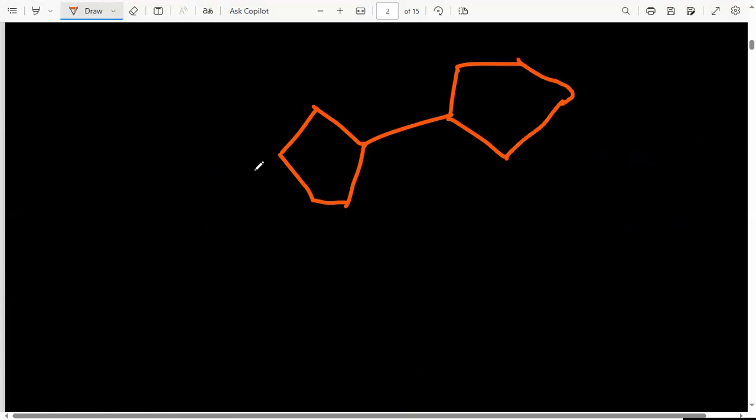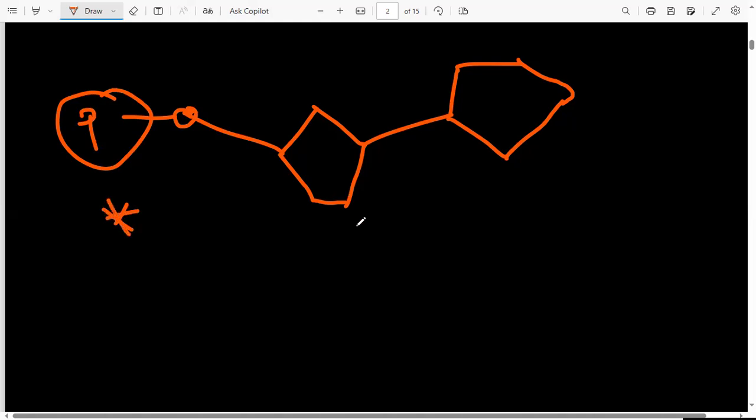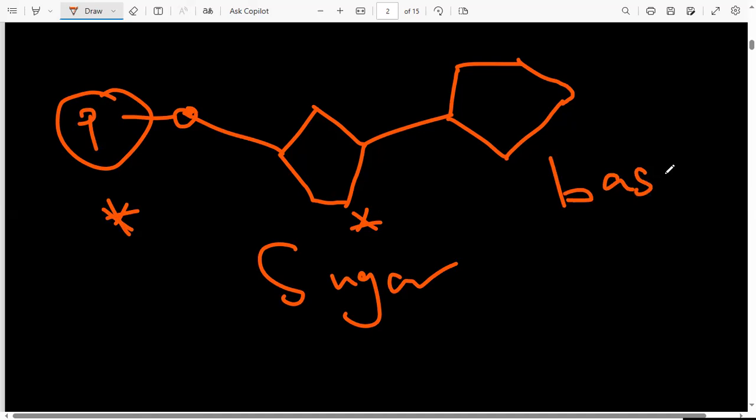And then this guy here is bonded to a phosphate group. So you need an oxygen there, and then you have a phosphate group here. So when there are 3 of them, the phosphate group is present, the sugar is present, and the base here, the nitrogenous base. If all these three here are present, then we call it a nucleotide.